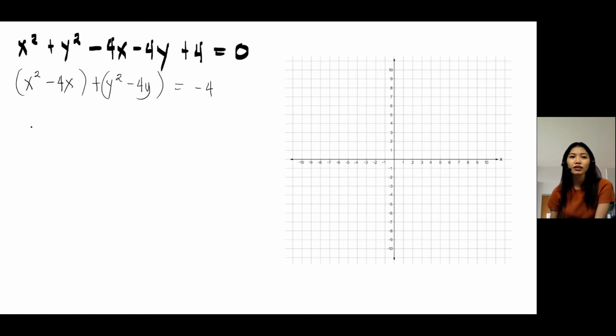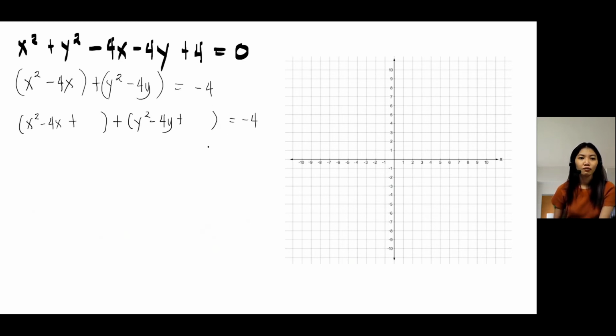Okay, so ang gagawin po natin, completing the square tayo ulit. So again, x squared minus 4x plus yung hinahanap natin na third term, plus y squared minus 4y plus yung hinahanap natin na third term is equal to negative 4.